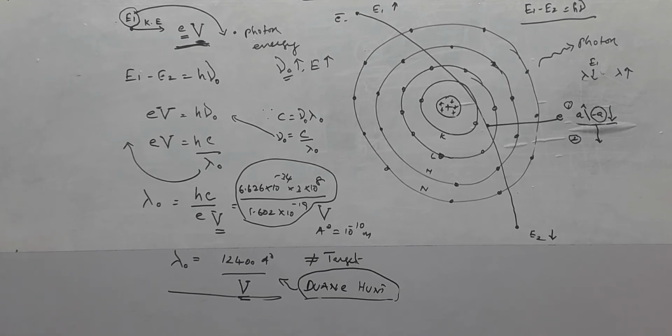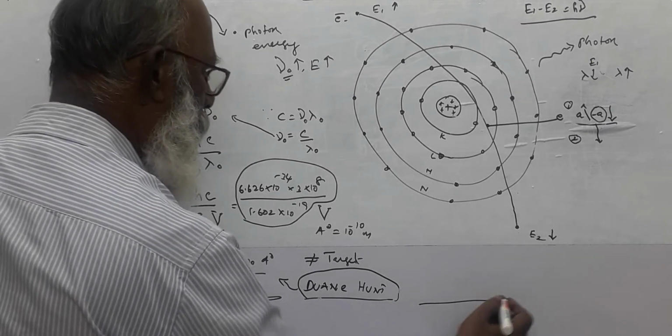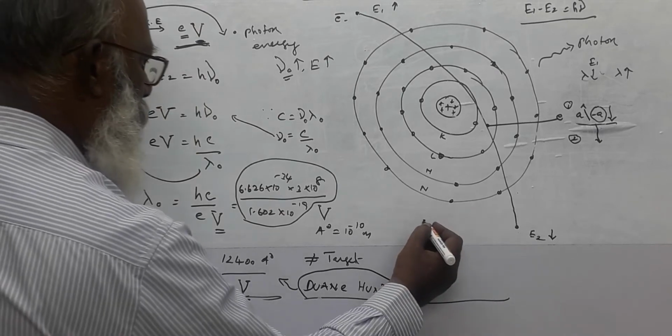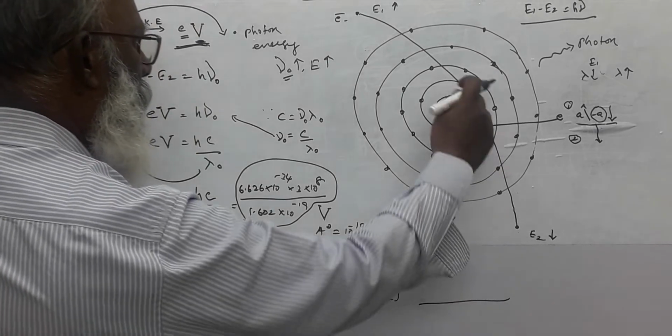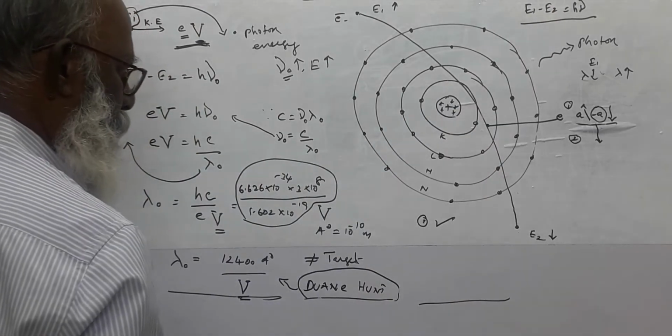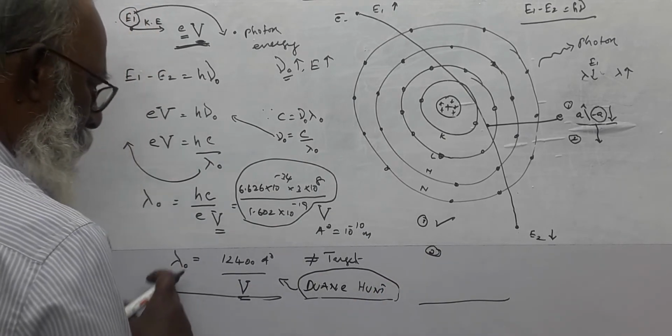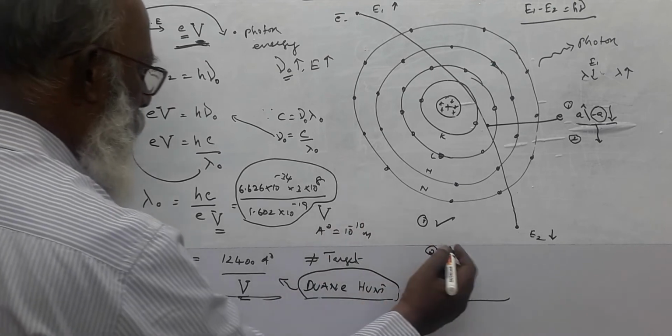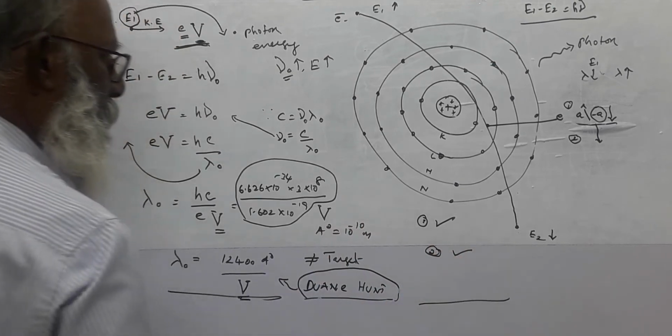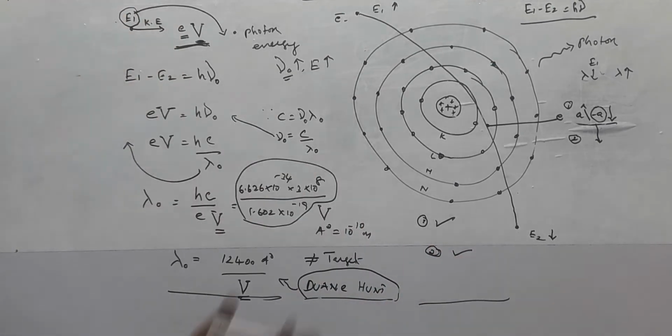So from the above two explanations, first we already proved that it is a continuous spectrum. Second, the cutoff value is explained very well, so both are explained by means of photon radiation.